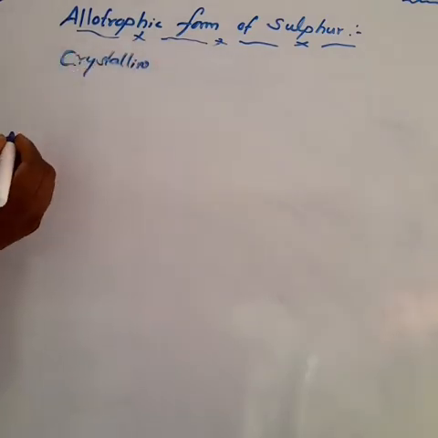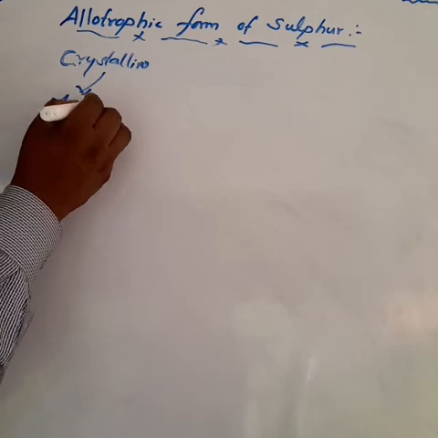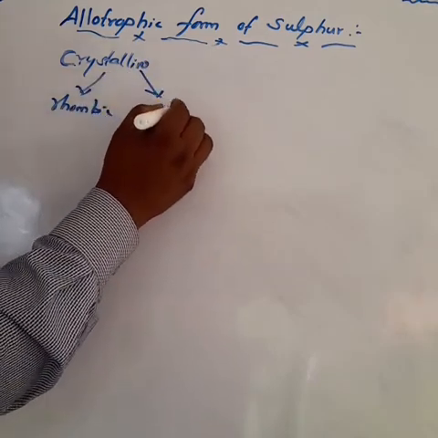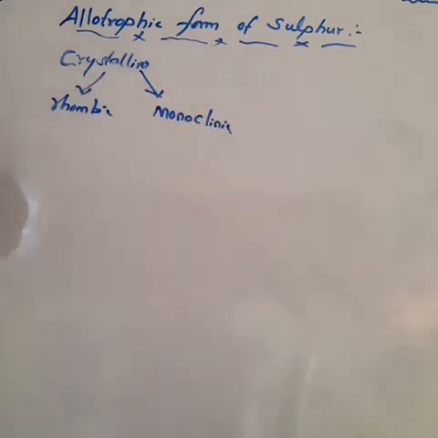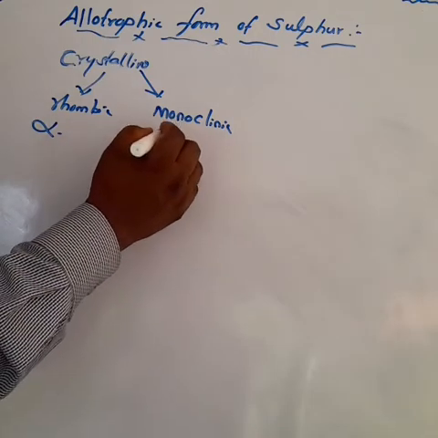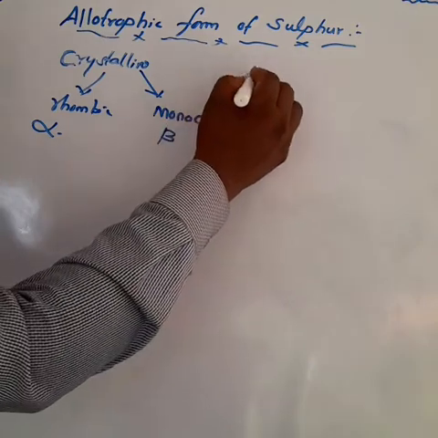The crystalline forms include rhombic sulfur and, a very important point, monoclinic sulfur. Rhombic sulfur is called alpha sulfur, and monoclinic sulfur is called beta sulfur. These are the crystalline forms.